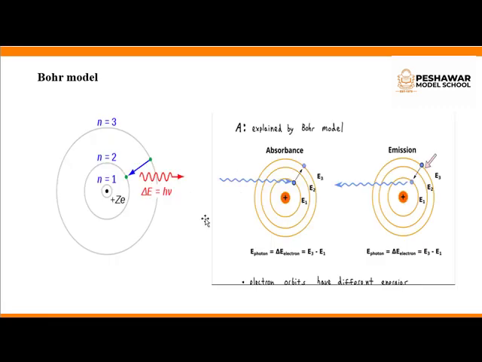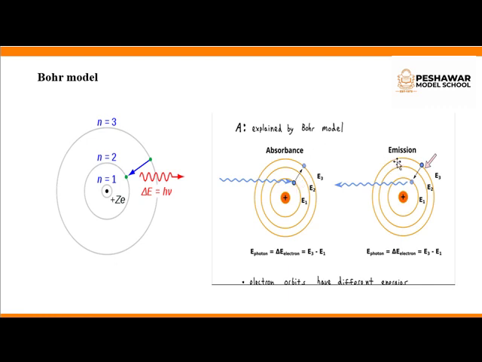As you can see here, E1 is of lower energy than E2, which is of lower energy than E3. Now, when an electron jumps from one orbit to another orbit, it gains energy. As you can see, it gains energy as the electron jumps from this orbit to this orbit.